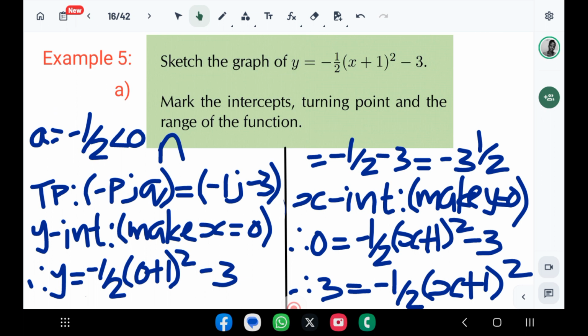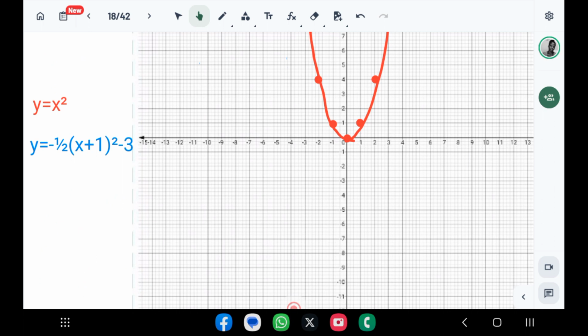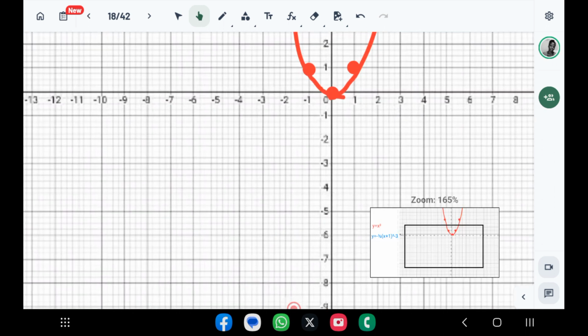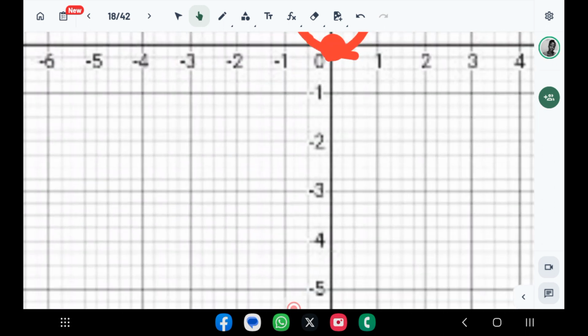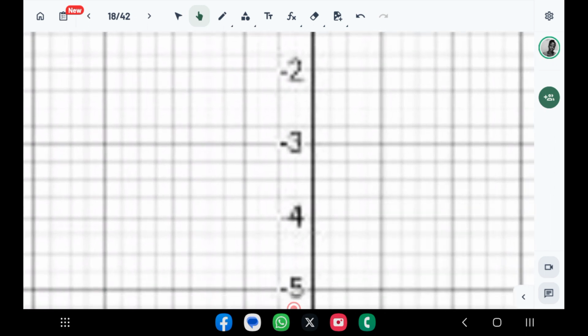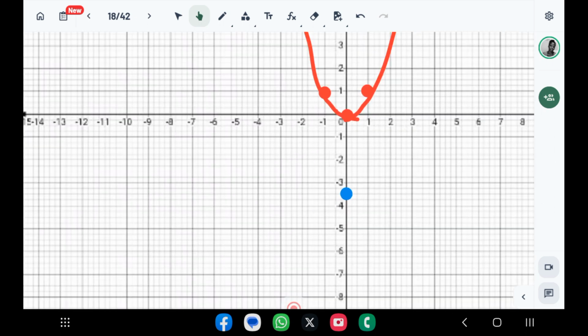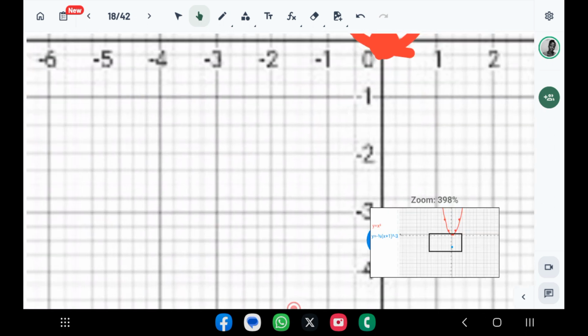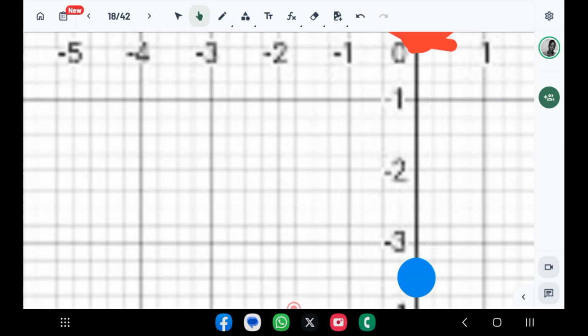The y-intercept is -3.5. Let's put that down first. -3.5. And then the turning point is -1 and -3. All right, now we've got these two very important points.